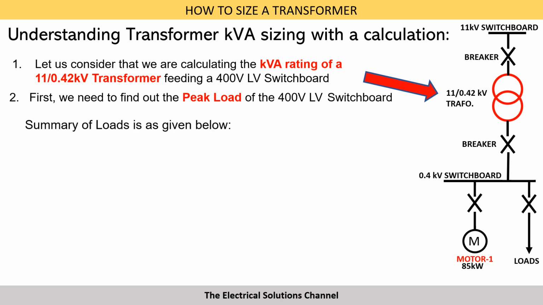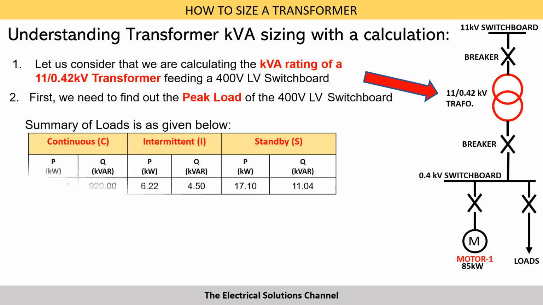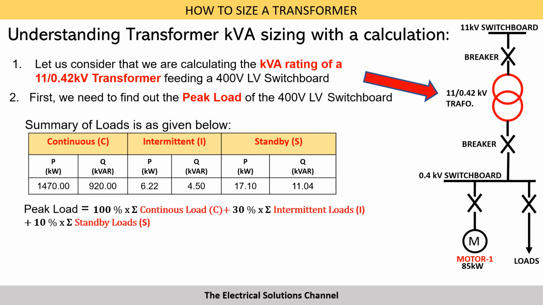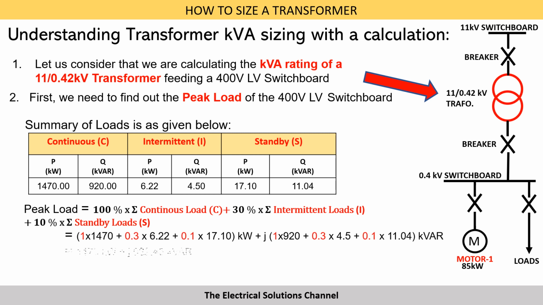The largest motor connected to the 400 volt LV switchboard is a 85 kilowatt motor. So first we need to find out the peak load of the 400 volt LV switchboard. Details of the continuous, intermittent and standby loads of the 400 volt LV switchboard are given in the table.